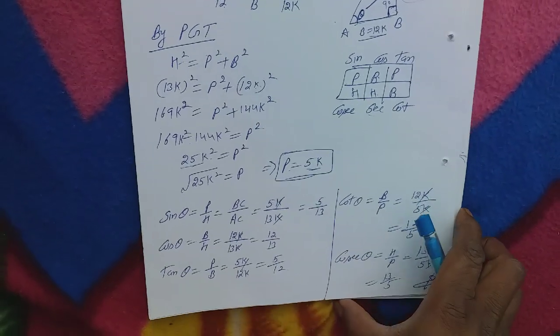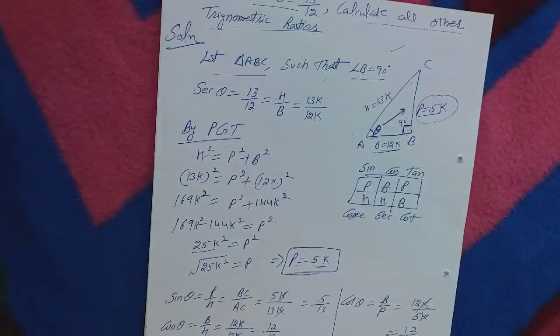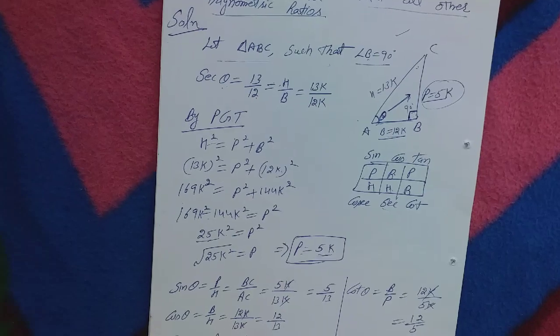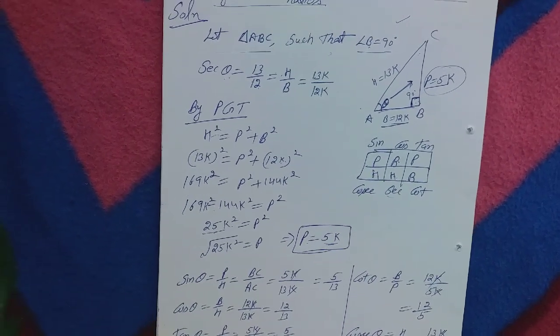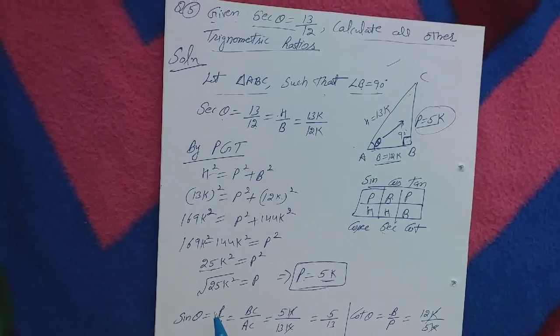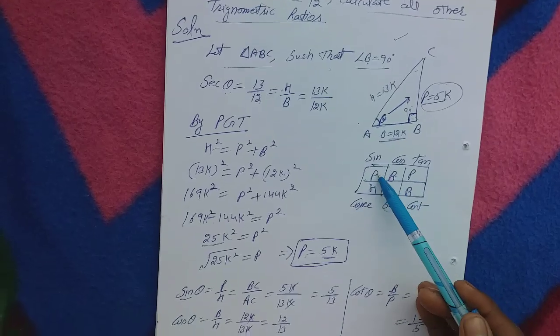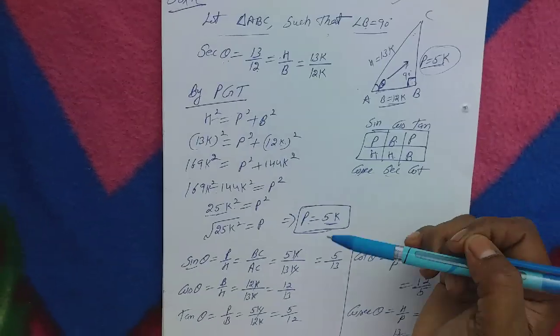Okay, students. Now calculate all the other trigonometric ratios. We know the sides are divided into 6 parts according to trigonometry. So we have one value given, 5 values left. Sine is p by h. The value of p is 5k, value of h is 13k.